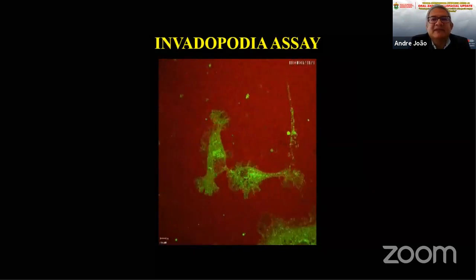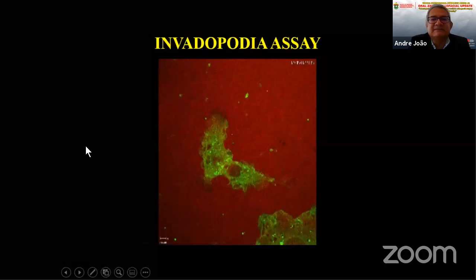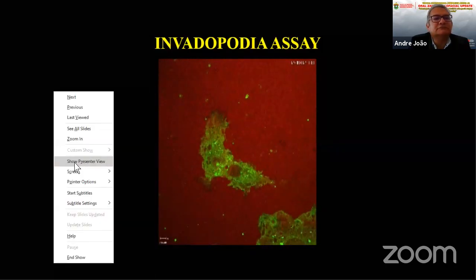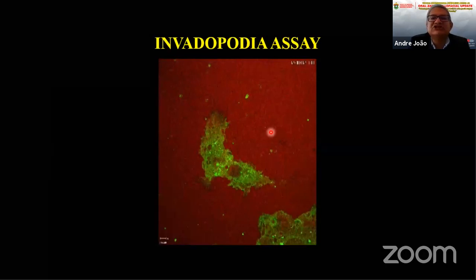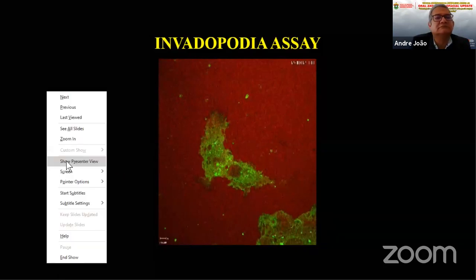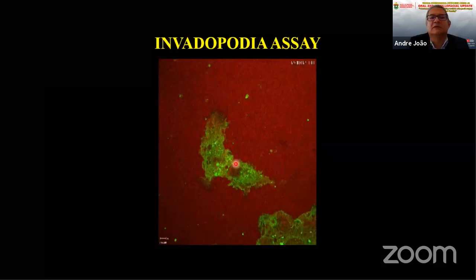In red, we can see the gelatin with fluorochrome in red. In green, the cell line. Just a moment, please. Come here, please.